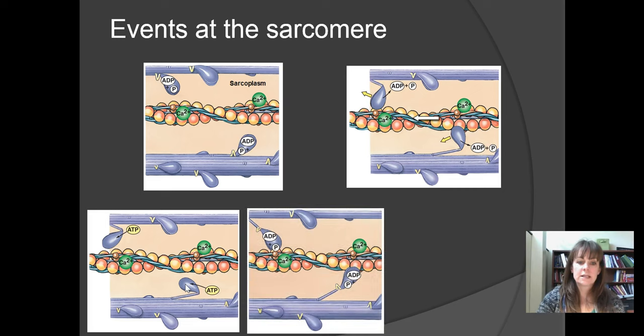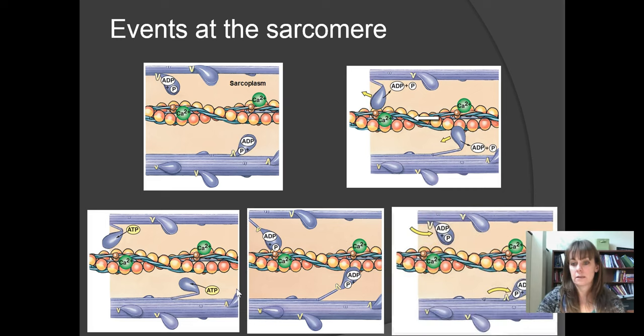Once ATP does that, it is broken into ADP and phosphate, and that allows this head to recock itself and then bind, and it will now pull on the actin.